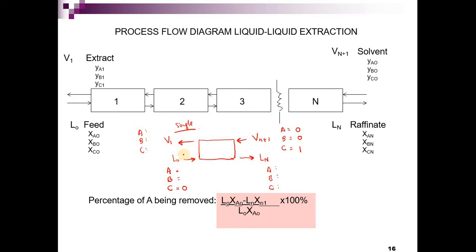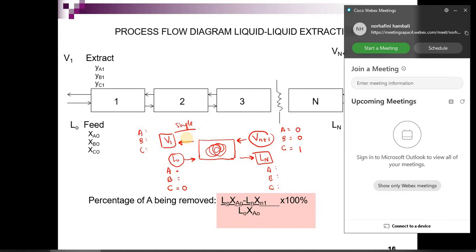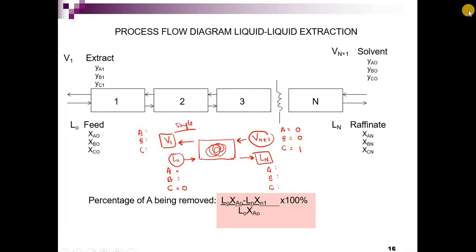When the feed and Vn plus 1, which is the solvent, mix here, it will generate two types of product, extract and raffinate. When the solvent mixes with the feed containing components A and B, the product, either raffinate or extract, will have three components.